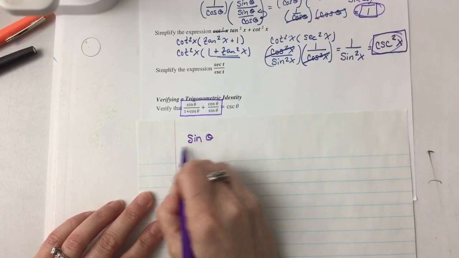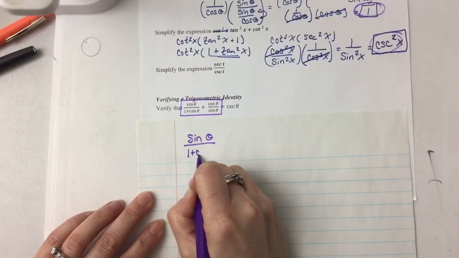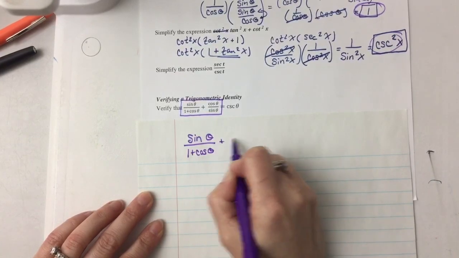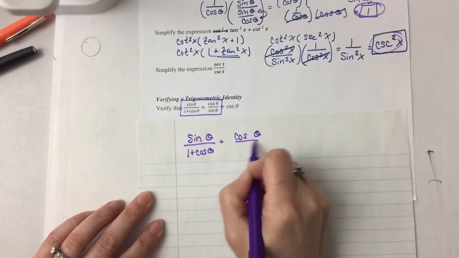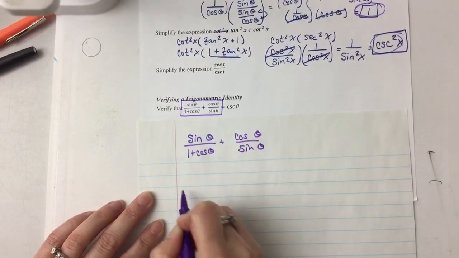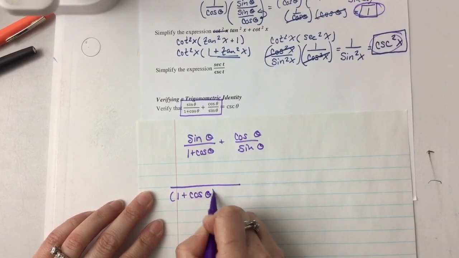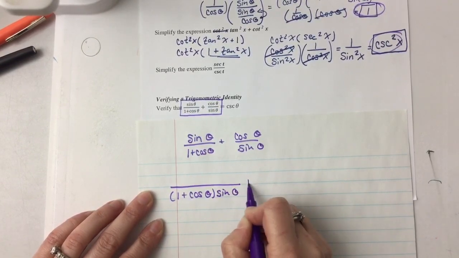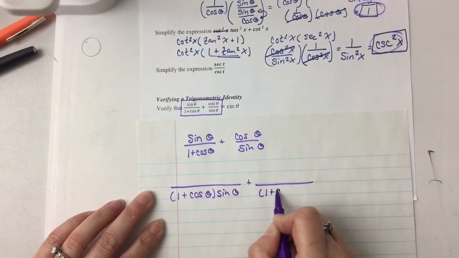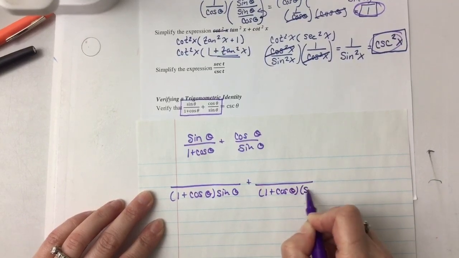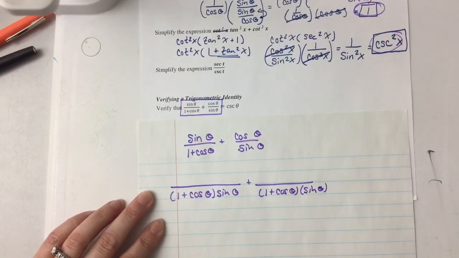My original is sine of theta over 1 plus cosine of theta plus cosine of theta over sine of theta. My common denominator has to have both pieces: 1 plus a cosine of theta and the sine of theta.